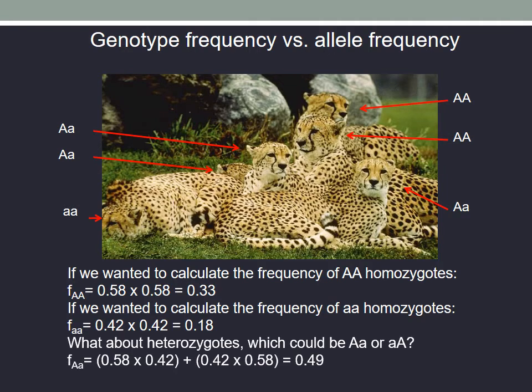And we calculate our heterozygote, which can be either big A, little a, or little a, big A. So we calculate that by multiplying the 0.58 times the 0.42, and then adding to that the product of 0.42 times 0.58.